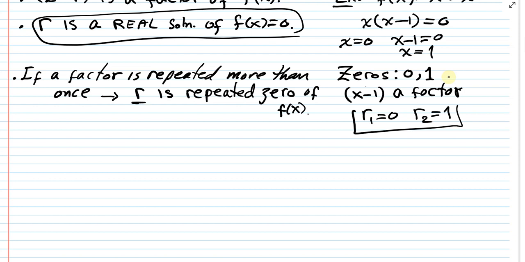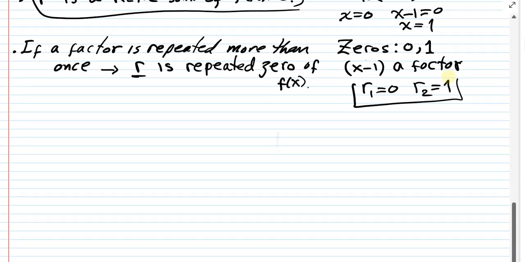Okay, because remember, factors create zeros, and those are the r's.